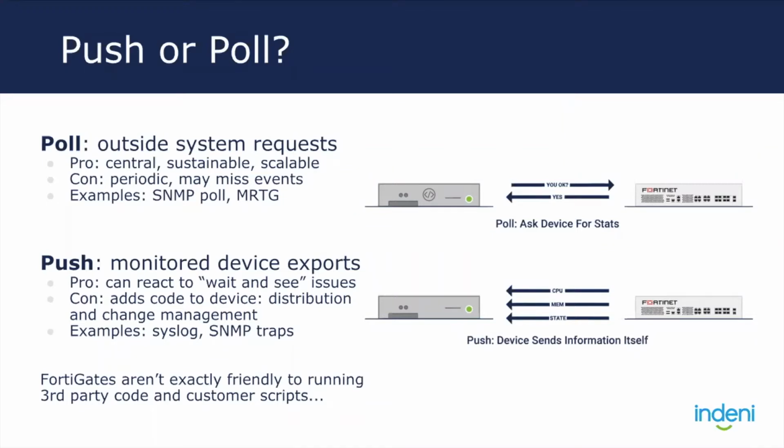It means that we're not spending all this time doing these polling statements. There is a difficulty with doing pushes. And for the most part, that's because firewalls and FortiGates aren't exactly friendly to running third-party code in customer scripts, right? So pushes are really good where the device supports it, but for the most part, we're going to have to do polling.